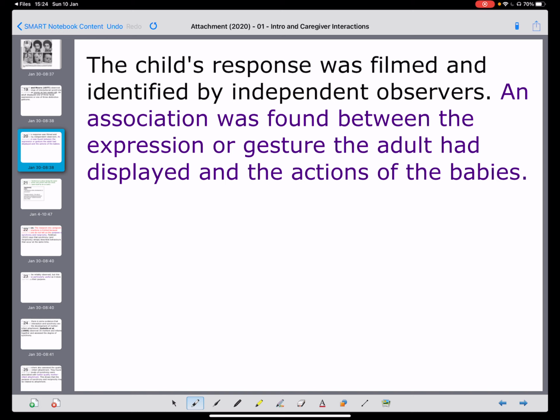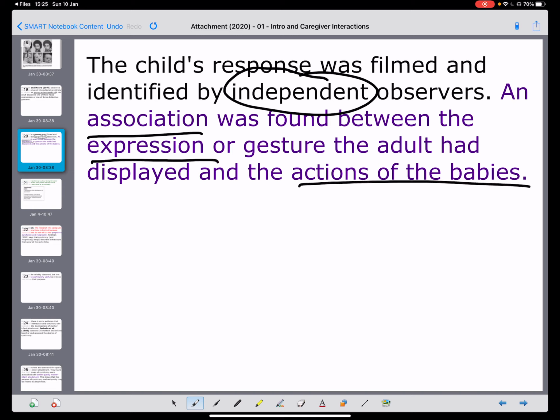They also filmed this, and an independent person was able to identify that babies were doing exactly this. So there was an association between the expression and the gesture, the action, of the babies. In other words, the babies were doing what the adults were doing.